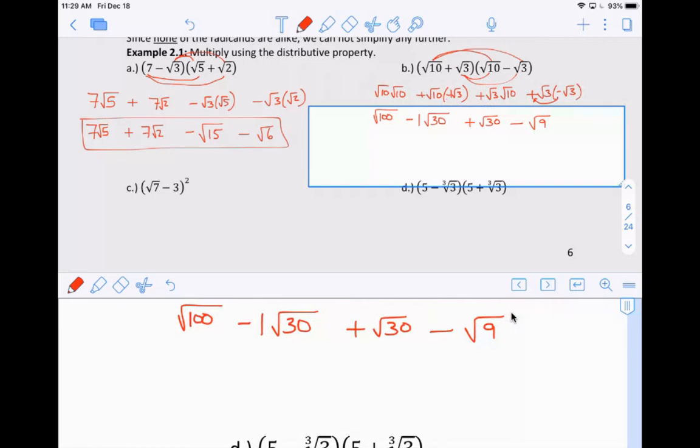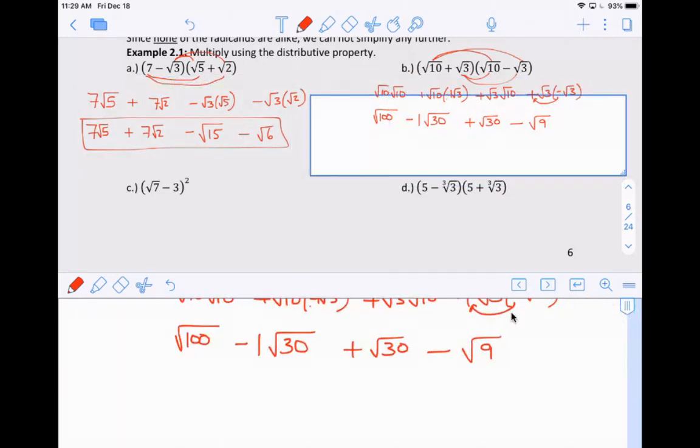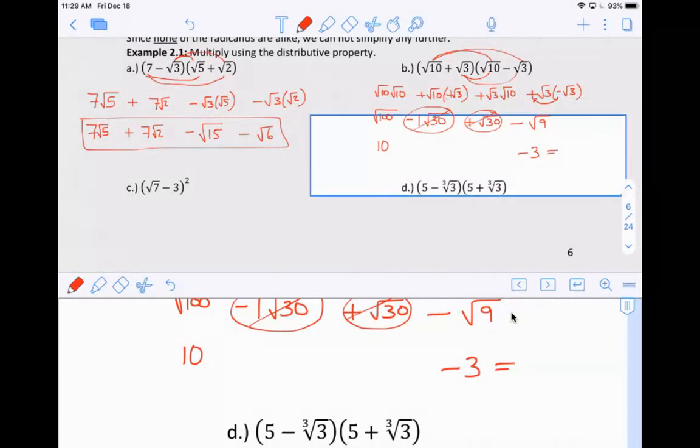A lot more can be simplified here. So this is where we stopped on the last one because there was nothing in common. But here, square root of 100, that's a whole 10. That's beautiful. Square root of 9, and that's a minus 3. And then here I see a negative root 30 and a positive root 30 that are going to cancel each other out. I'm left with 10 minus 3, aka a whole 7.